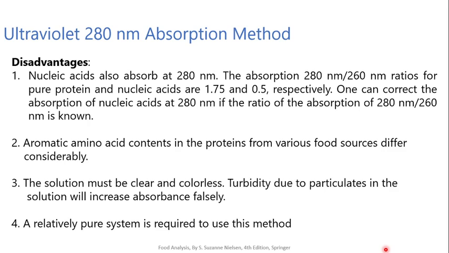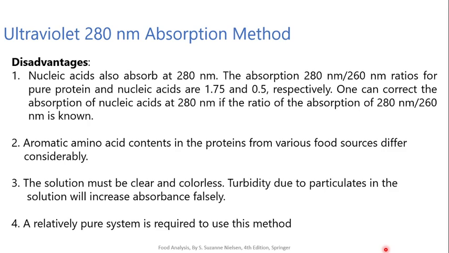Then what are the disadvantages? Nucleic acid also absorbs at 280 nanometers. The ratio of absorption at 280 nanometers divided by that at 260 nanometers for pure protein and nucleic acid is 1.75 and 0.5 respectively.